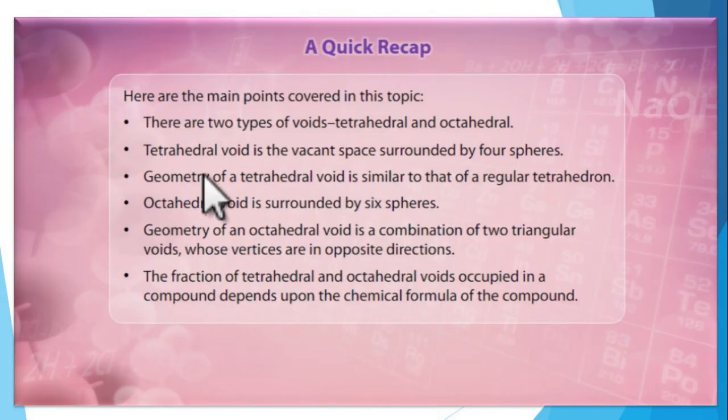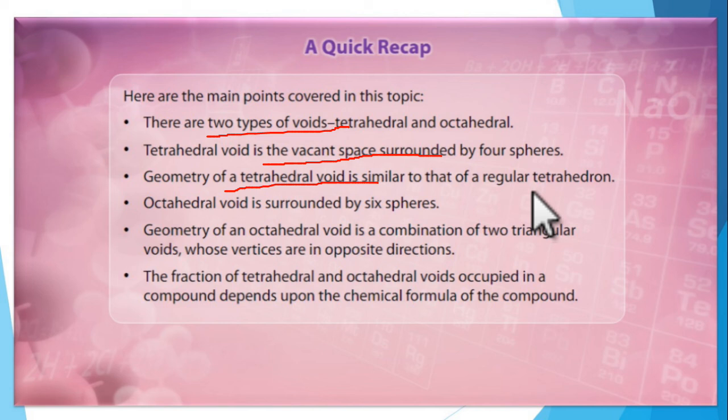Let's move. A quick recap. Here are the main points covered in this topic today. There are two types of wires, as you know, tetrahedral and octahedral. Tetrahedral wire is the vacant space surrounded by the four spheres. Geometry of tetrahedral wires is similar to that of a regular tetrahedron.